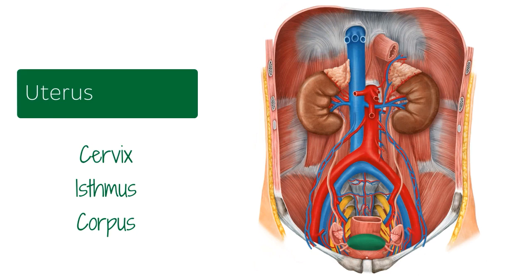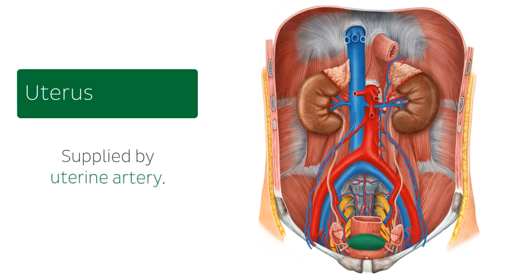Now this is a reproductive organ of the female pelvis, which is supplied by the uterine artery. The uterine artery is a branch of the internal iliac artery, and the uterine branches of the ovarian artery, which is a branch of the abdominal aorta.